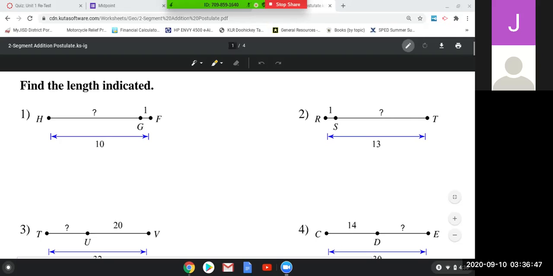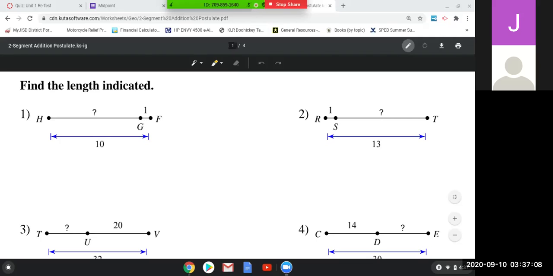So what we're going to look at this morning is a little bit of segment addition postulate stuff. We're given a segment from H to F, and we're given that it is 10 units long. Part of that is 1 unit right here.